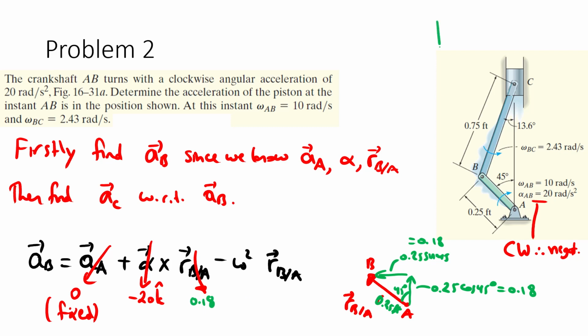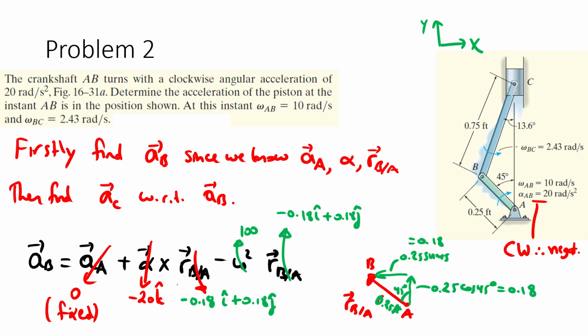If I take the coordinate y this way and x that way, the x component is negative, so negative 0.18 i, and the y component is positive, plus 0.18 j. And then omega squared is given as 10, so squared will be 100. Again, this quantity will be negative 0.18 i plus 0.18 j.